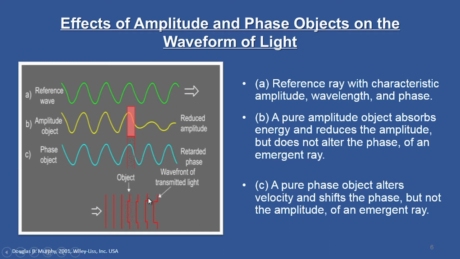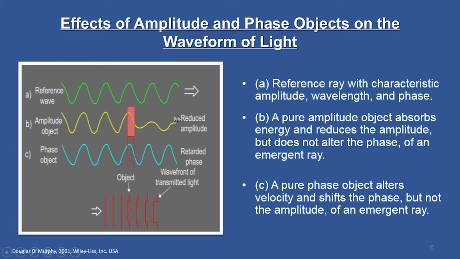So, what is the difference you see? You have the reference wave here, and an amplitude object, that means when the wave passes through this object, your amplitude is getting influenced. In this case, it is reduced.